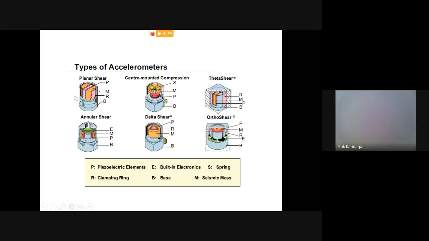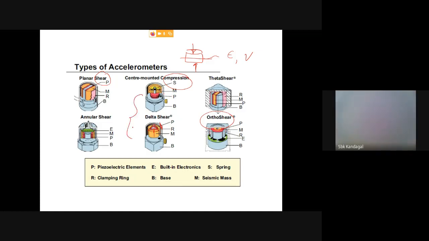Coming to the construction of the accelerometer, you have a compression type, a shear type, and an ortho shear type, different ones. In the one you have seen earlier, a mechanical deformation in compression generates the voltage with a strain. In the delta shear type, the surface area is increased because of the shear across the surface, so you will get more.